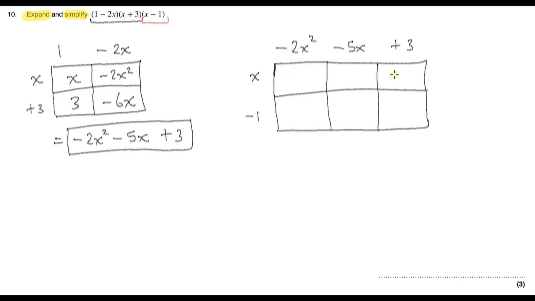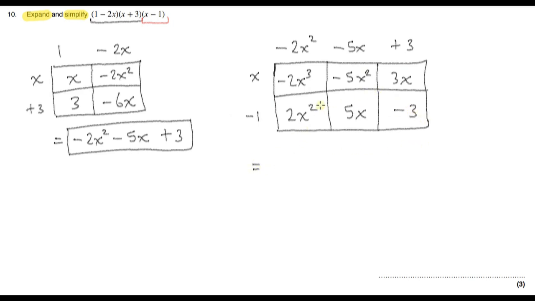So let's go across. Negative 2x squared times x, that's going to be negative 2x cubed. x times negative 5x, that's negative 5x squared. And then x times 3 is 3x. And now we've got negative 2x squared times negative 1, well, that's just going to be positive 2x squared. Negative 5x times negative 1, that's positive 5x. And negative 1 times 3 is negative 3.